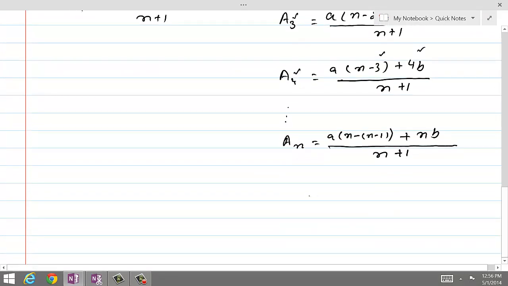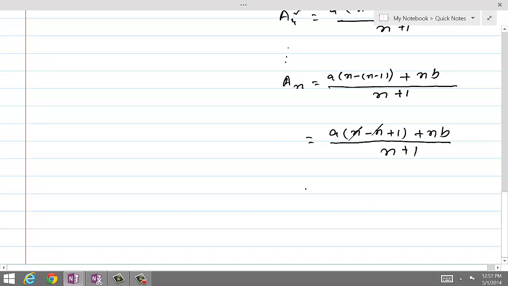So now we can simplify this, and this would be a into n minus n plus 1 plus nb over n plus 1, and minus n and plus n will cancel with each other, and the nth arithmetic mean will become equal to a plus nb over n plus 1.